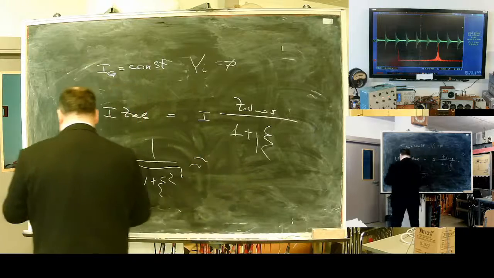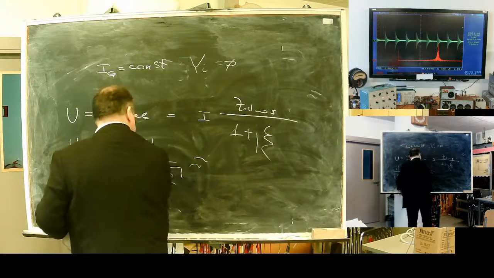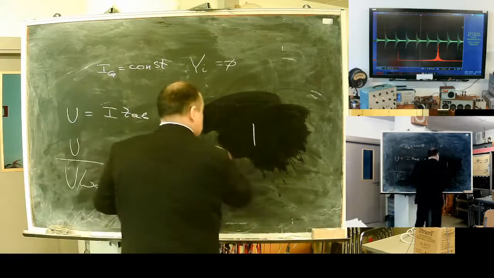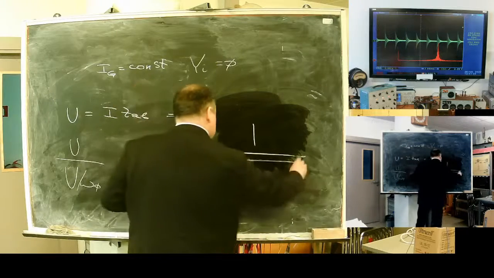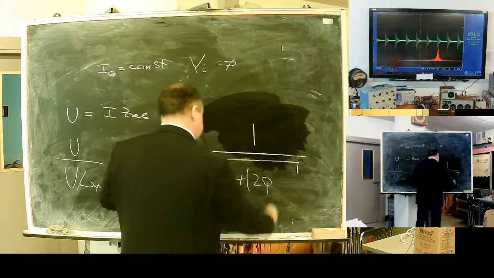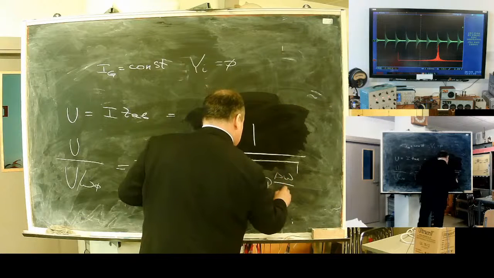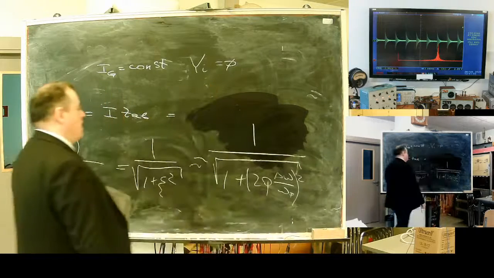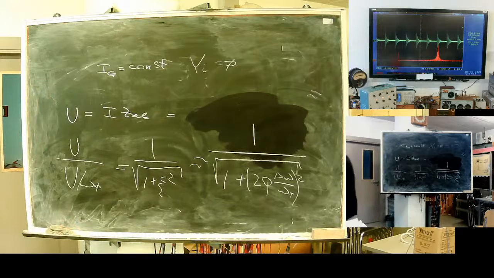or approximately 1 divided by the square root of 1 plus the double quality times the relative frequency shift, squared. It's the same characteristic as the sequential resonance contour. So in general, characteristics do not change.